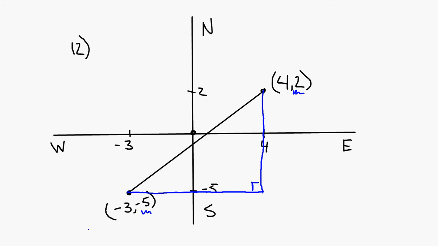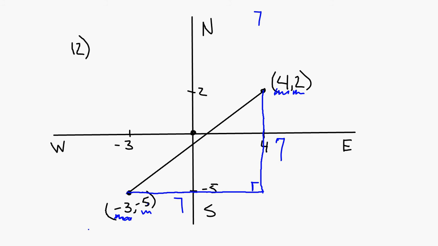So what's 2 plus 5? 7. Good. What's the change from -3 over to 4? -3 over to 4. How far is it from -3 to 0? 3. And then 0 to 4. 4 plus 3 is 7.